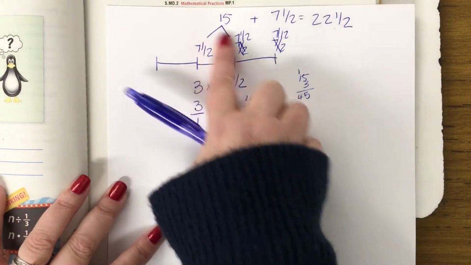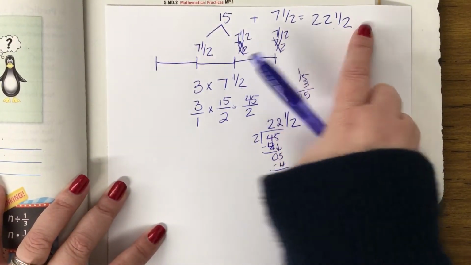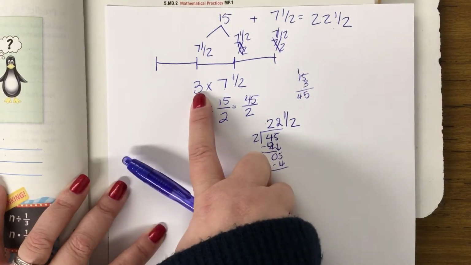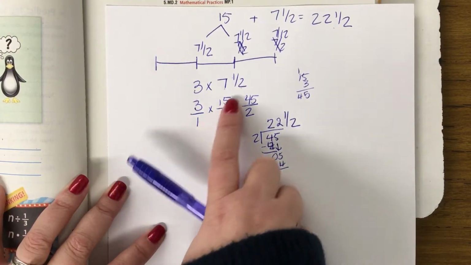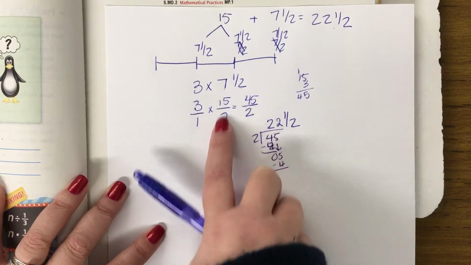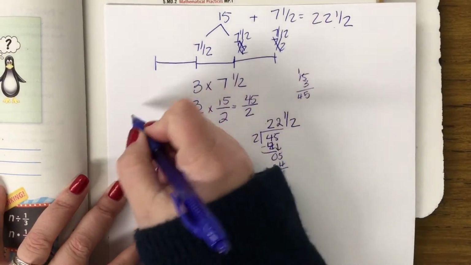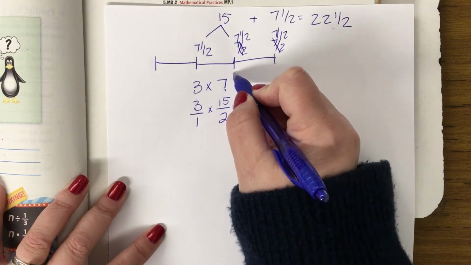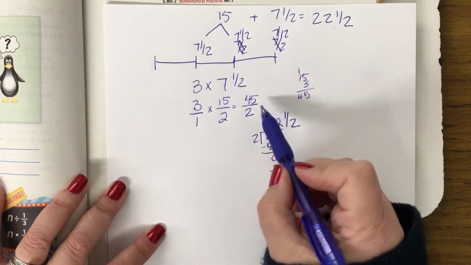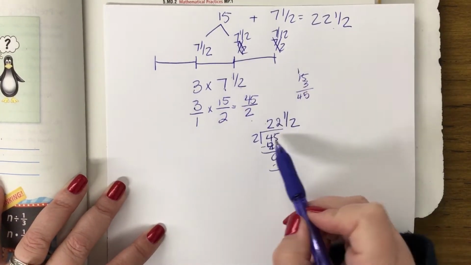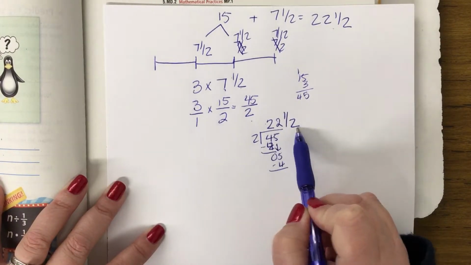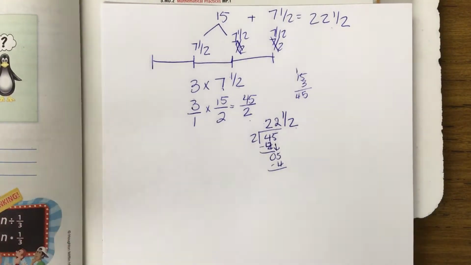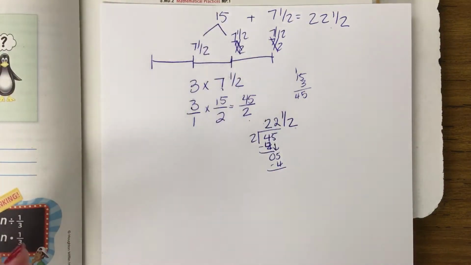We could just do repeat addition, which actually seemed faster, or I could multiply 3 times 7.5, turned into an improper fraction. Remember, the improper fraction was 7 times 2 plus 1, which would be 15 over 2, equals 45 over 2, and then I divided to find my mixed number. I could do it that way. Either way works. I actually think in this case the repeat addition part was easier.